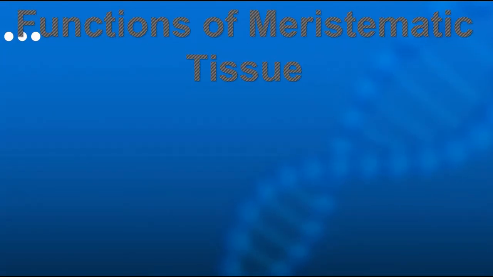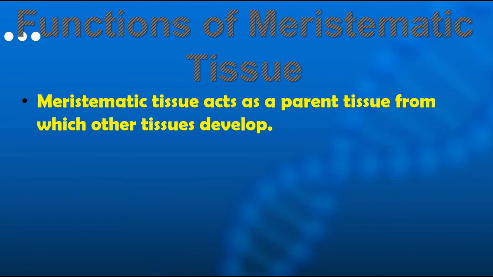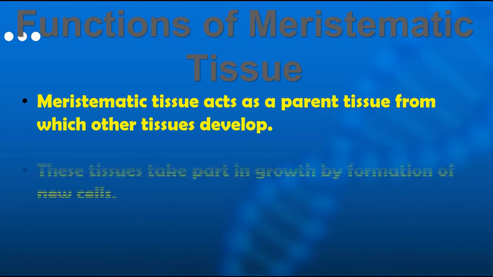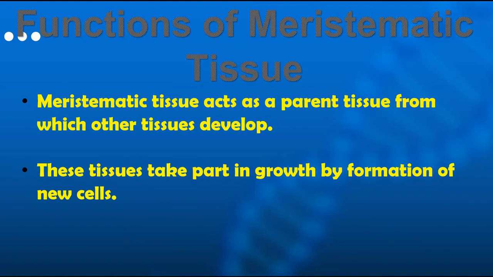Now let's look at the functions of this meristematic tissue. Number 1: meristematic tissue acts as the parent tissue from which other tissues develop. It is the basic first tissue from which all the other tissues develop. The second function is that these tissues take part in growth by formation of new cells.